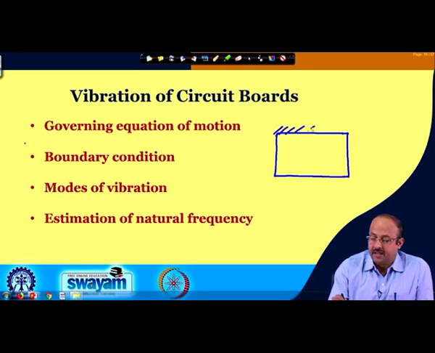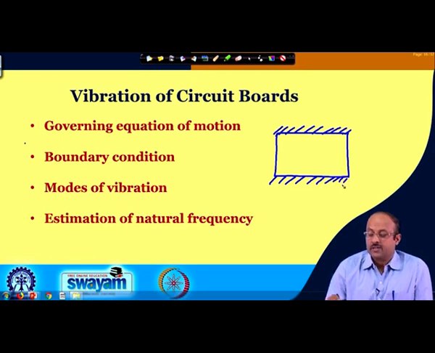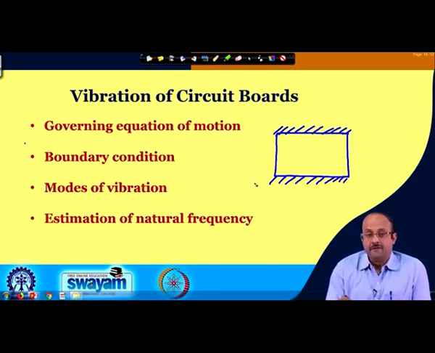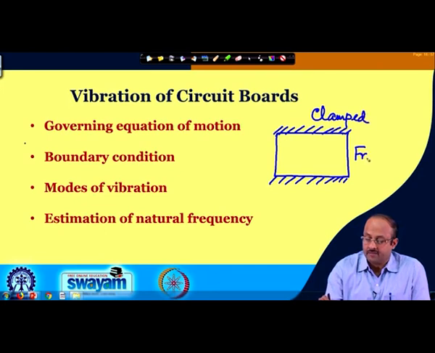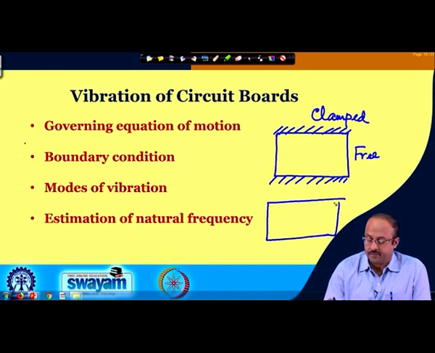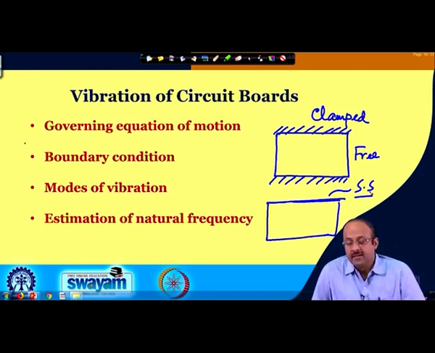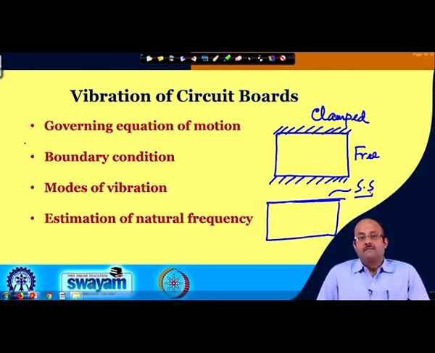So, a PCB can have two sides clamped or maybe simply supported, and this side may be free. So, this is free, this is clamped, this is free. There may be simply supported conditions. So, boundary conditions are quite different. The third aspect of this is that it is actually a continuous system.